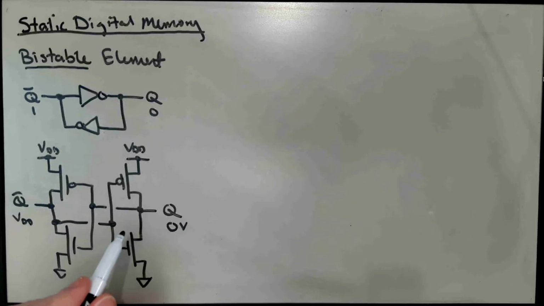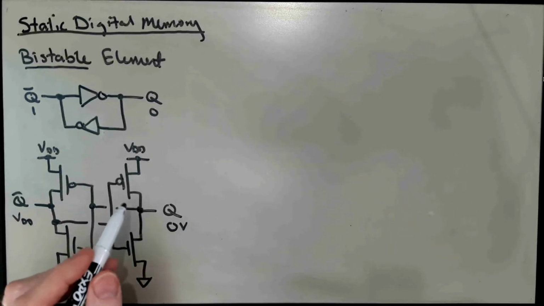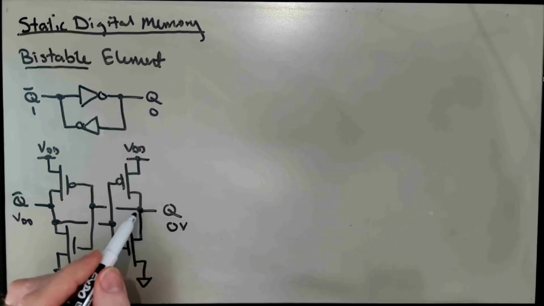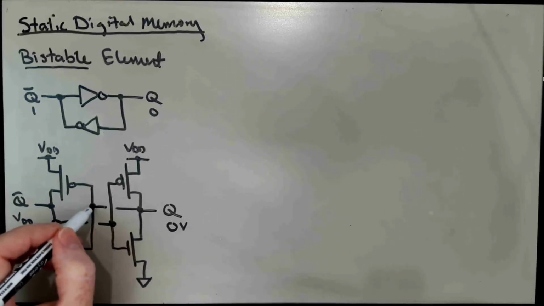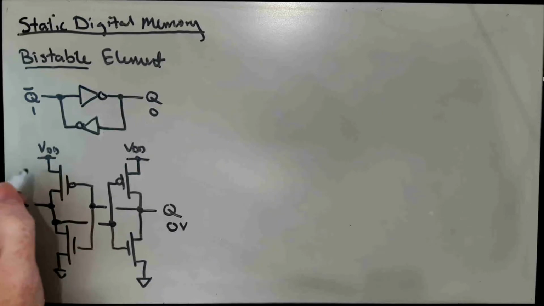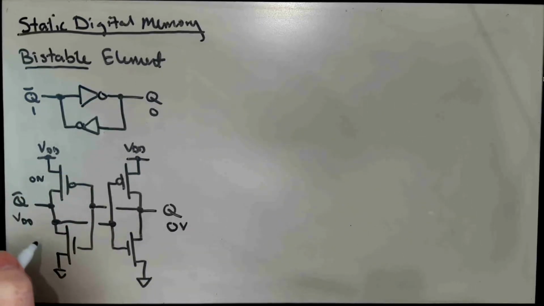Well, let's think about what happens when we have Q at 0. Well, that's going to be the gate voltage of this PMOS transistor. So this PMOS transistor is going to be on, and this NMOS transistor is going to be off.